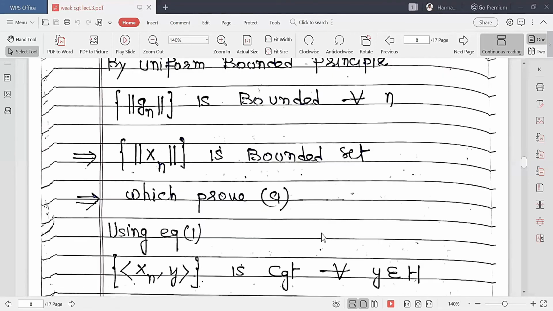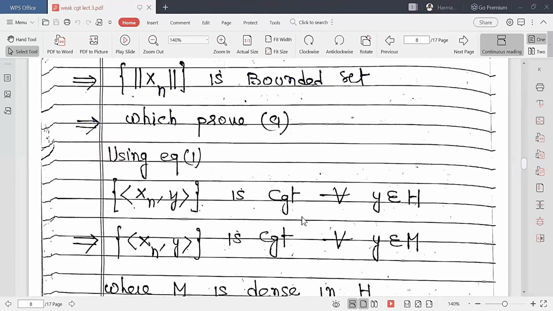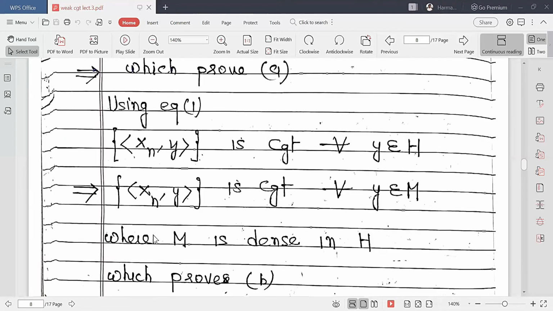Now to prove the second part, using equation number 1, we know that this is convergent for every y belonging to H. Now what is M?